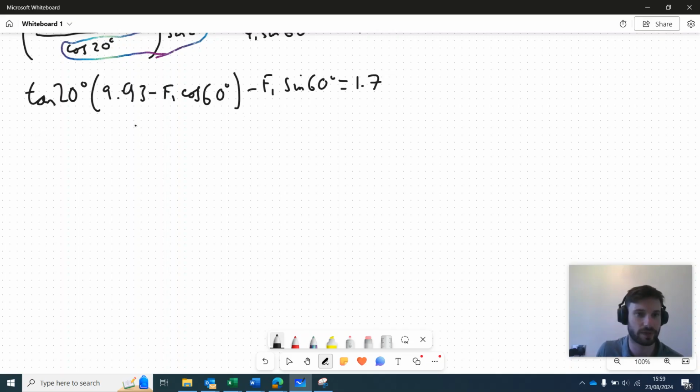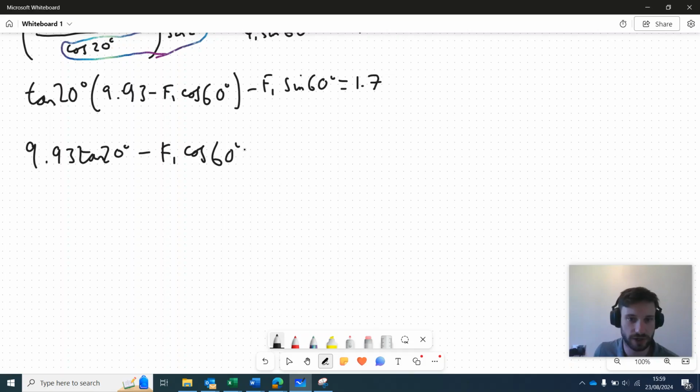So I'm going to start by expanding this bracket here. 9.93 tan of 20 minus f1 cos 60 tan 20 minus f1 sine 60 is equal to 1.7.